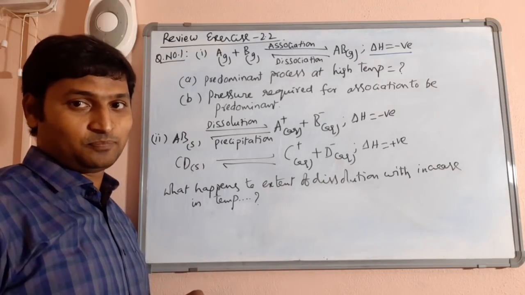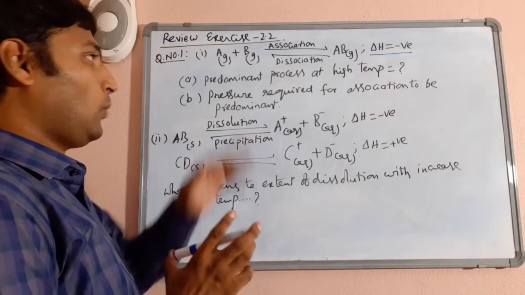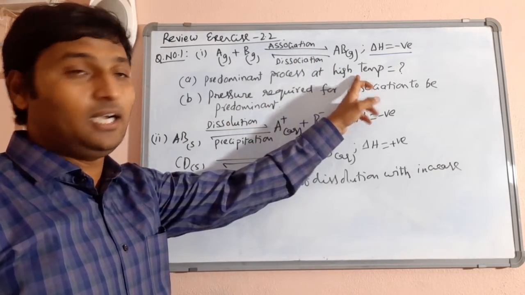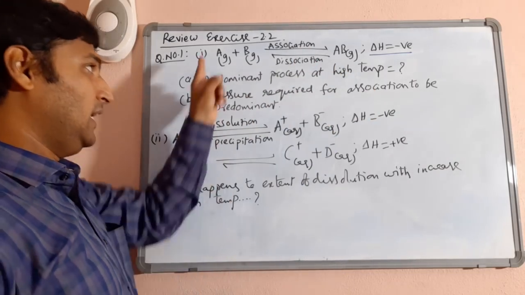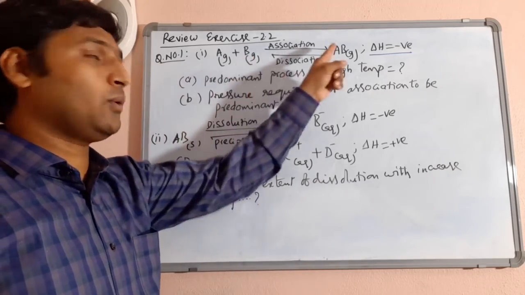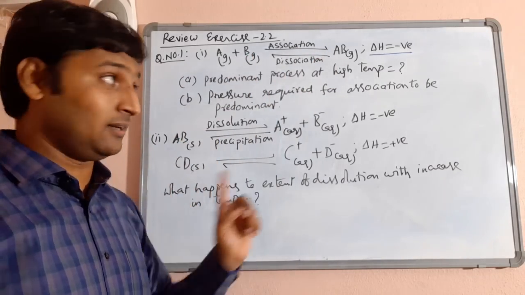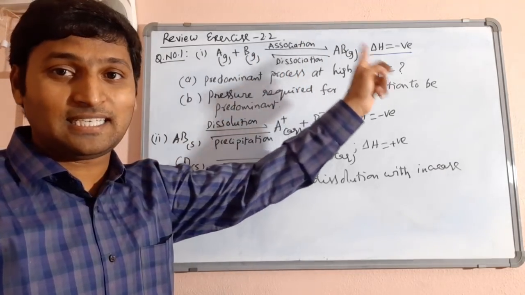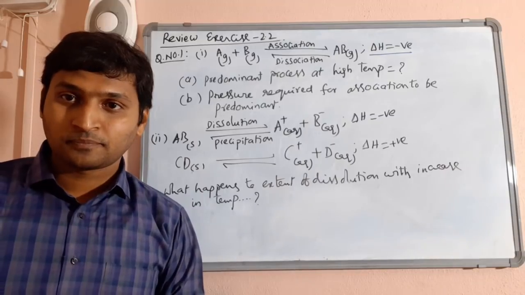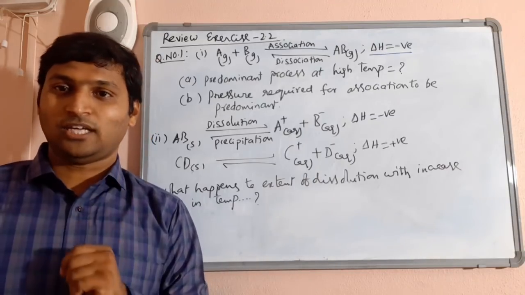Please observe that. Now two questions are asked. One is, if you maintain a high temperature, which process will be predominant, association or dissociation? Here forward is association, backward is dissociation, and the forward process is exothermic, which means the backward process would be absolutely endothermic.